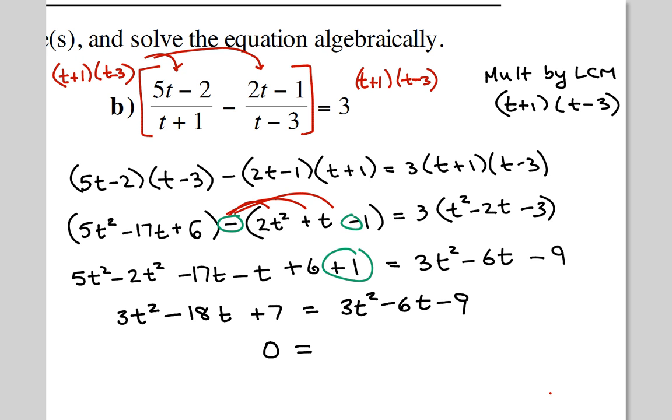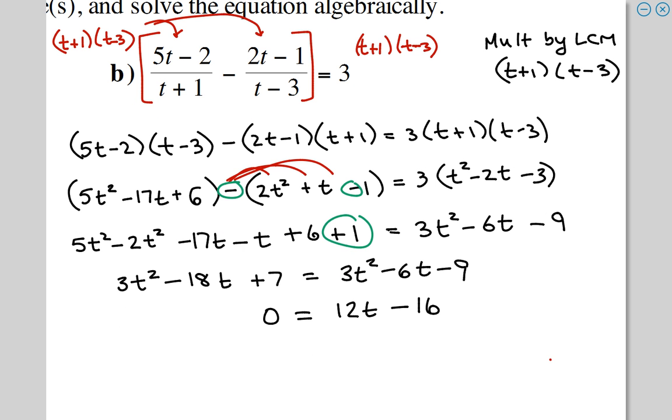Stays positive. So negative 6t plus 18t. Is that 12t? Negative 9 and then negative 7, negative 16. What could you factor out of that? 4. And you get 3t minus 4.